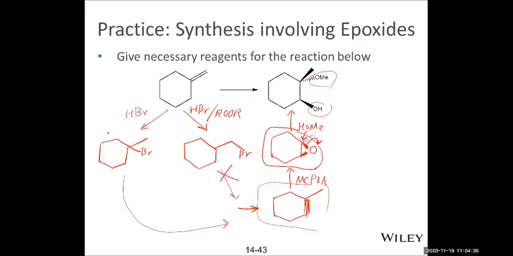And for the elimination, as we learned, there are two kinds of base. One is Zaitsev, the other Hofmann. And we can see with this bromide, we have two kinds of beta hydrogen. We have beta hydrogen here, or here, the same thing, or beta hydrogen here.